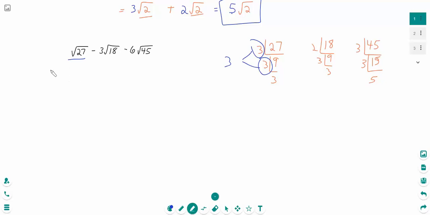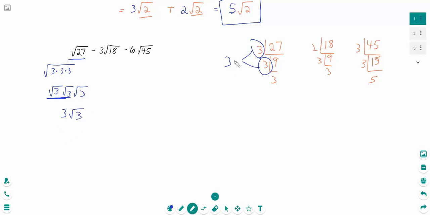Maybe this first one I'll write it all out so that you can see. So this first one would be the square root of 3 times 3 times 3. But then that could be written as square root of 3 times square root of 3 times square root of 3. And this pair of 3s here can combine to give us a 3. So we end up with the square root of 3 left over.